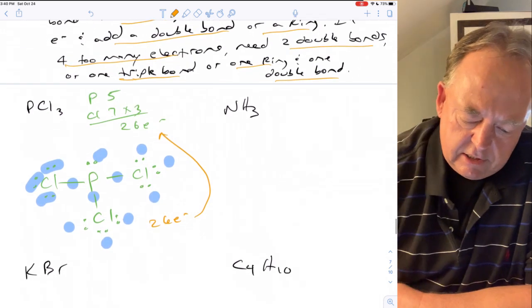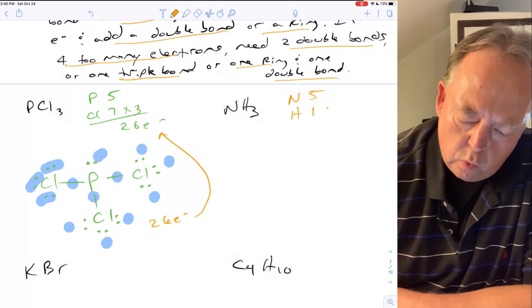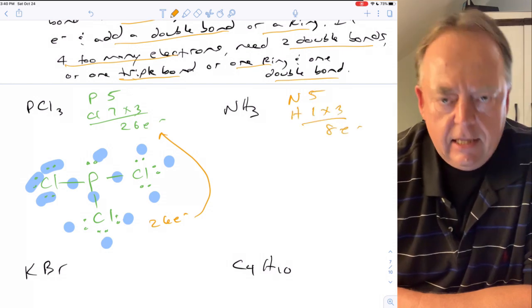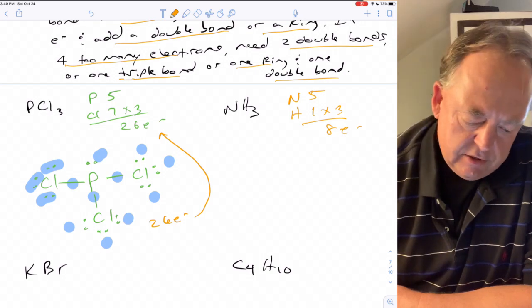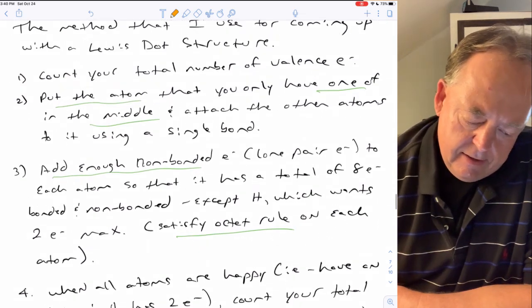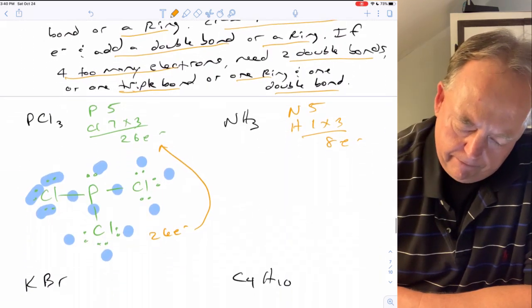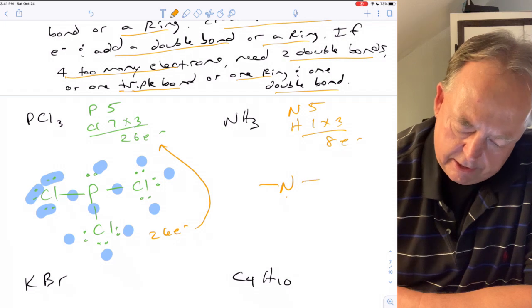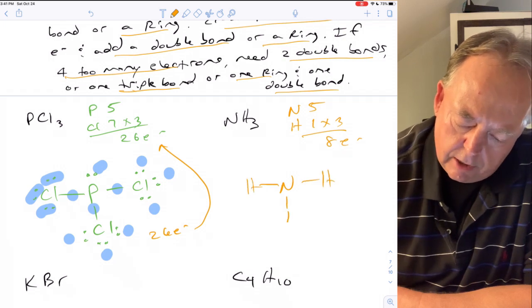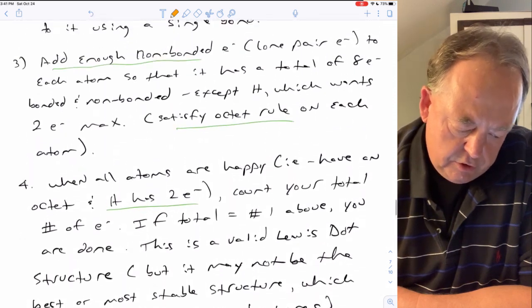Okay, so let's take this example, NH3. So nitrogen has 5 valence electrons, hydrogen has 1, and there's 3, so there's only 8 electrons to build the molecule. So then we go to number 2, we take the atom that there's only 1 of, which is nitrogen in this case, and we put it in the middle. And then we attach the other atoms with a single bond. So now we've done number 2.